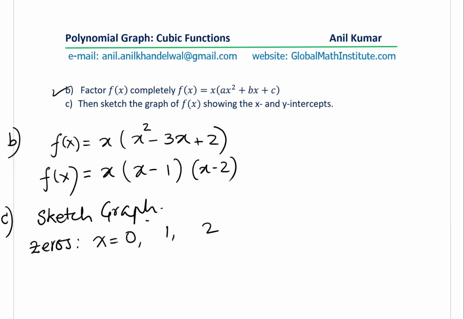All are linear zeros, right? Let us also write down the value of the function at f of 0. As soon as I substitute 0, I get 0 here, right? 0 is a factor. Now that should help us to sketch the graph. So we have zeros at 0, 1, and 2.